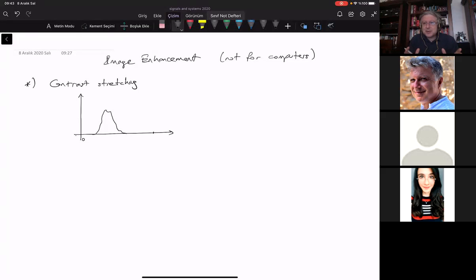We have seen JPEG, for instance, where in the actual implementation there is subsampling, downsampling going on, and that downsampling is applied differently on the luminance and the color channels.